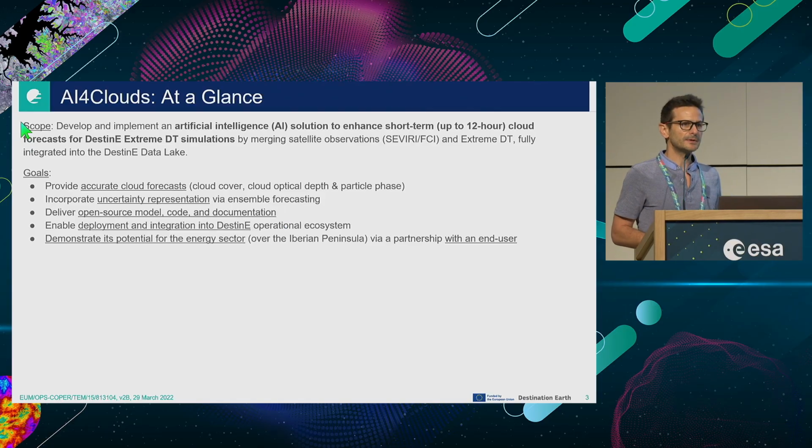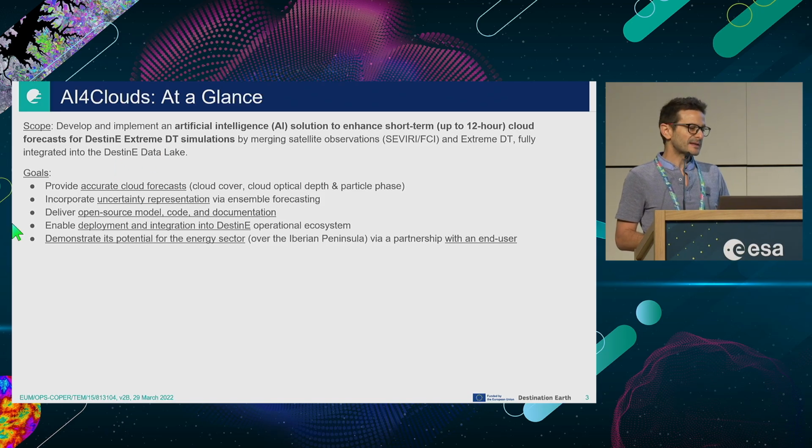So just to give you an overview of this work, our ultimate goal is to develop an artificial intelligence solution, as I mentioned before, to enhance short-term, up to 12 hours, cloud forecast of Extreme DT simulations, and that is by merging them with satellite observations.